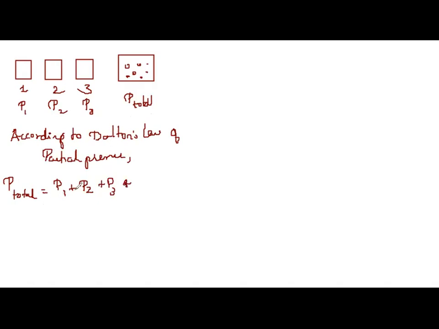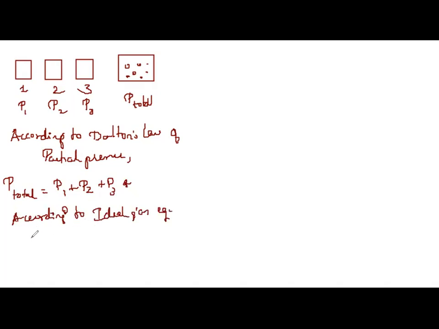So here 1, 2, 3 are the number of moles. Then what we know, according to the ideal gas equation, just now we have seen, what is the ideal gas equation?